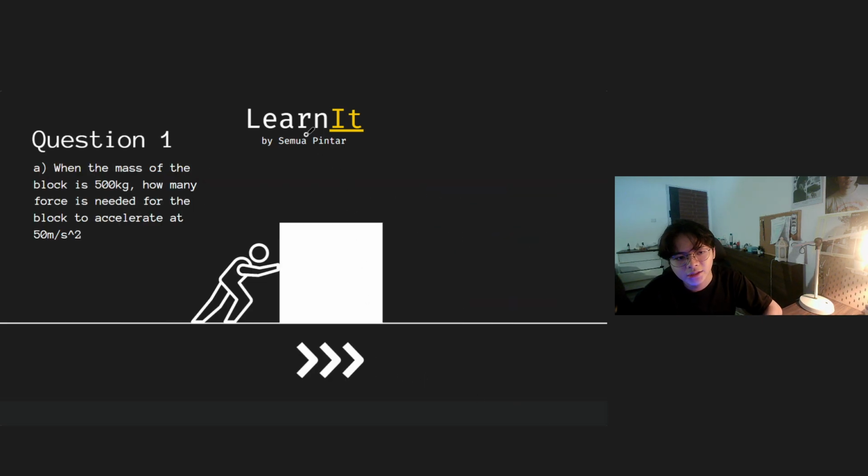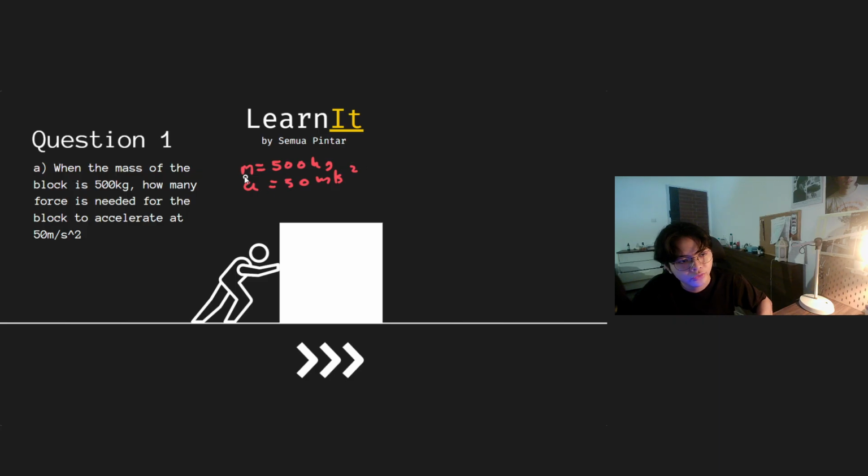So next, let's start with the questions. First, when the mass of the block is 500 kilograms, how much force is needed for the block to accelerate at 50 meters per second squared? Of course, every time you encounter a question, make sure to list down all the variables. So first, m is equal to 500 kilograms. Then a is equal to 50 meters per second squared.